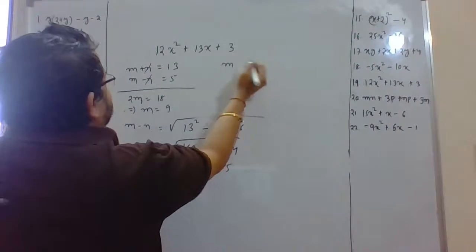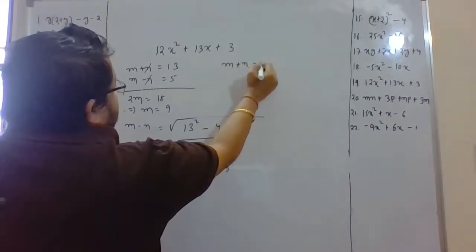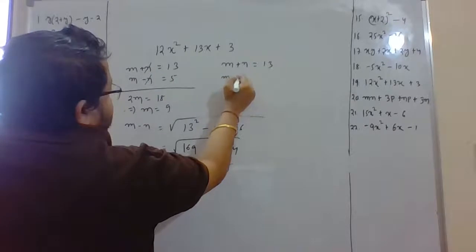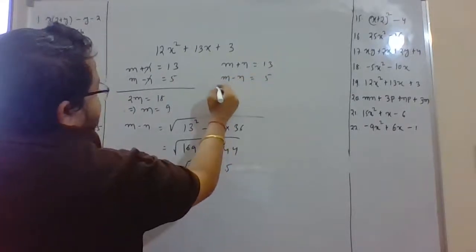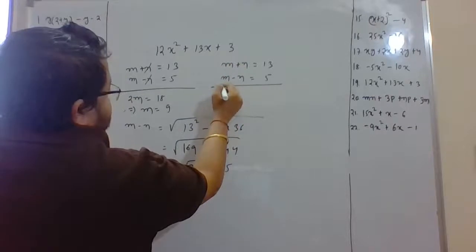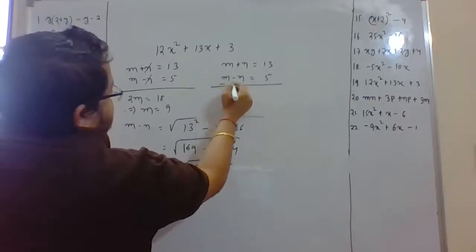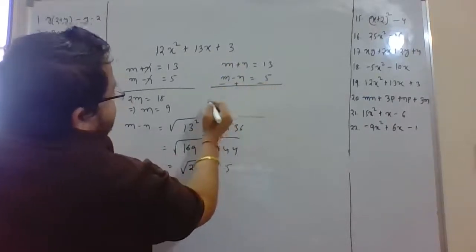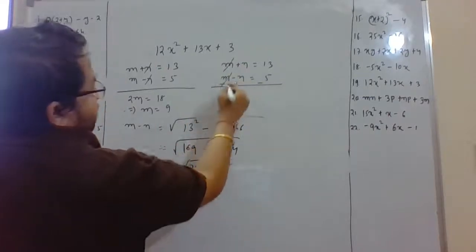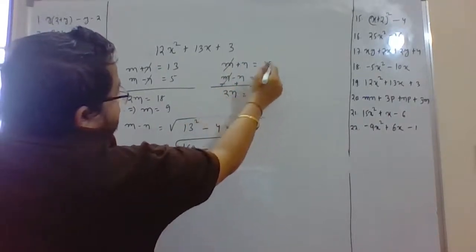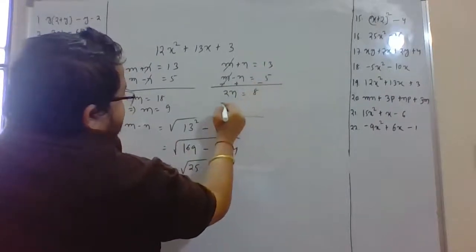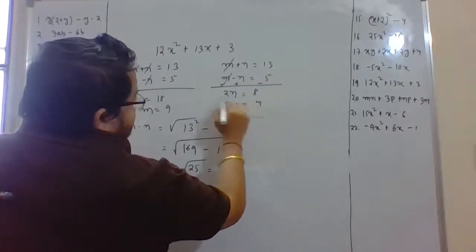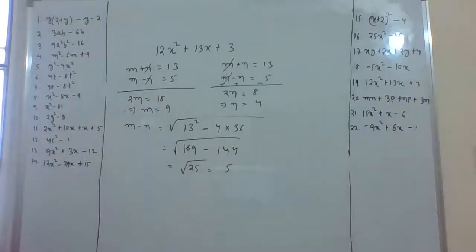So here we'll subtract both the equations. m plus n equals 13 and m minus n equals 5. If I'm subtracting these equations, the signs would change. So this will be minus m, this will be plus n, this will be minus 5. Plus m minus m cancels out. So here I'm getting 2n equals 13 minus 5 is 8, or n is nothing but 8 by 2 is 4. Okay, so here we are getting m equal to 9 and n equals to 4.